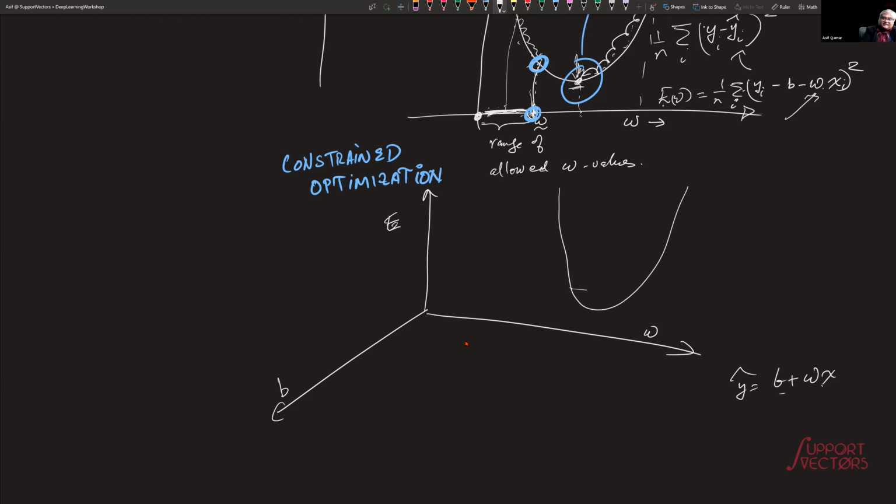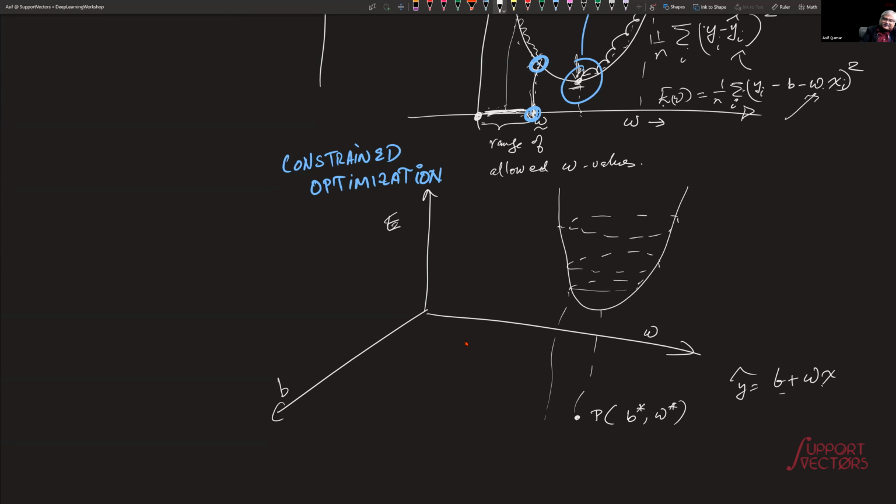Let me draw the contour lines here. 3 contour lines. There will be some point, let me just call it W star, which is made up of some combination of the best B and the best W.